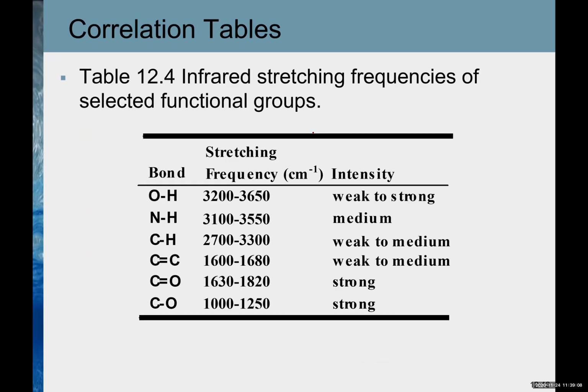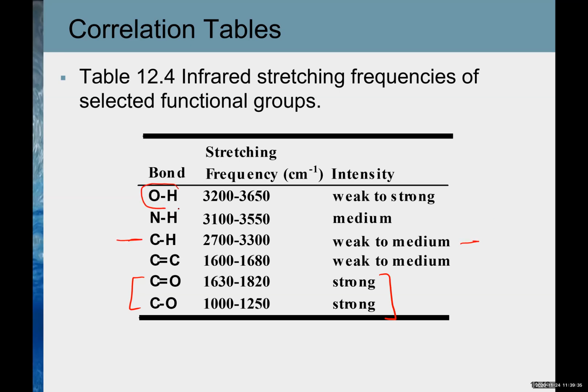So this table gives you approximate values of some of the bonds and their positions. We can see these are the approximate ranges. And again, the intensity means how strong the peak is. More polar bonds are strong and less polar are weak.